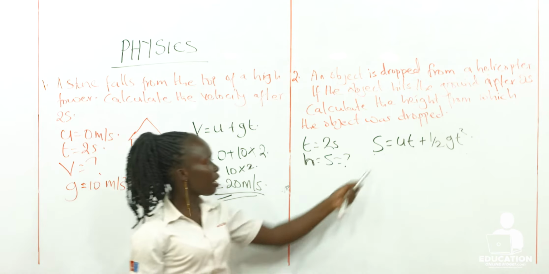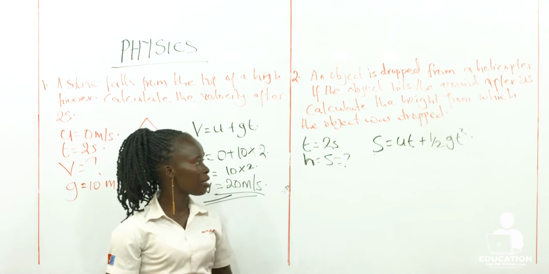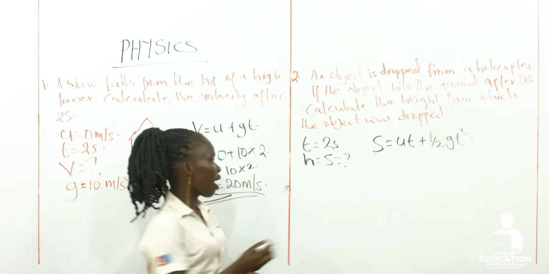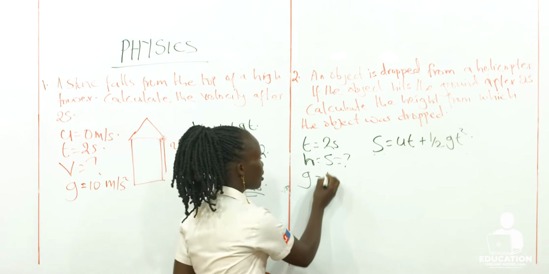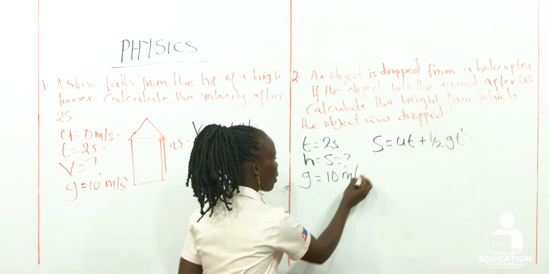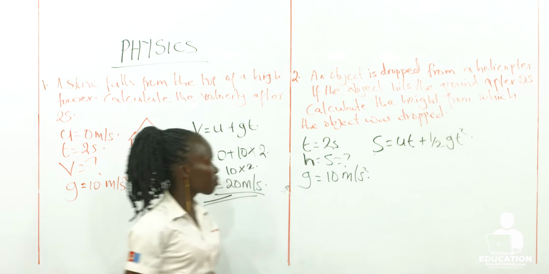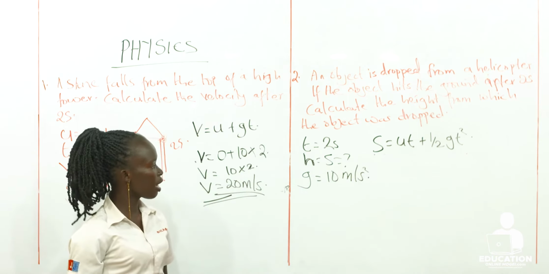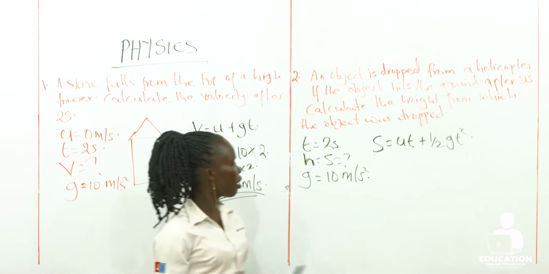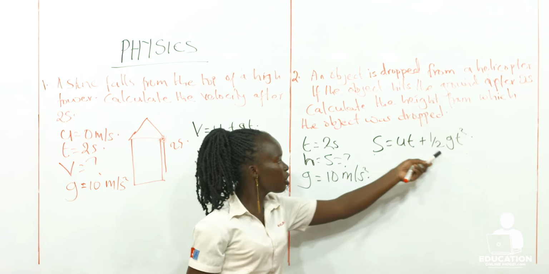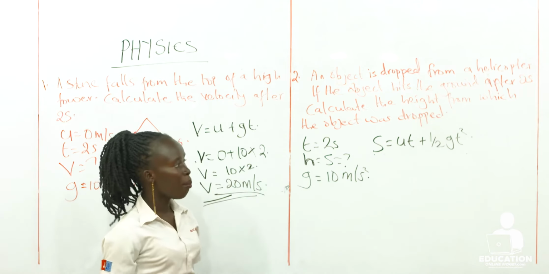What again is here that we did not summarize? Acceleration due to gravity, we are taking it to be 10 meters per second squared. So that means that we now have the value of acceleration, and we have the value of time. But look at this.